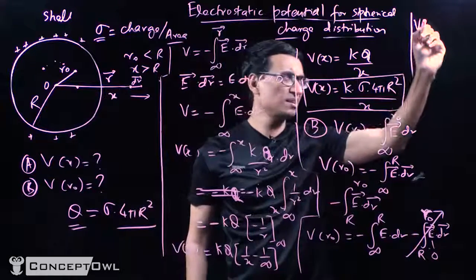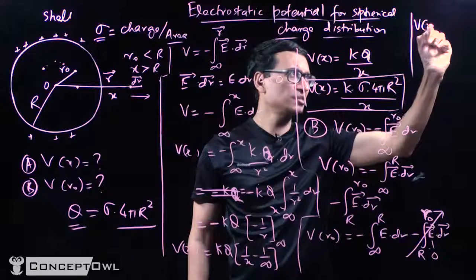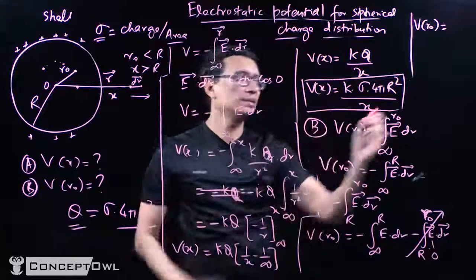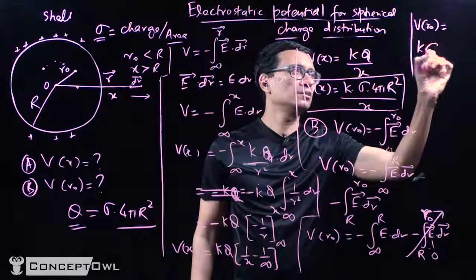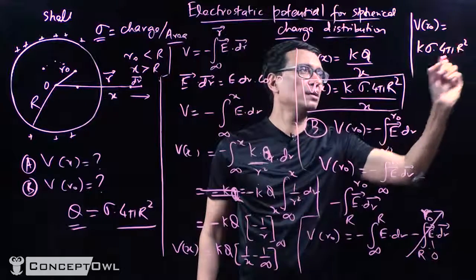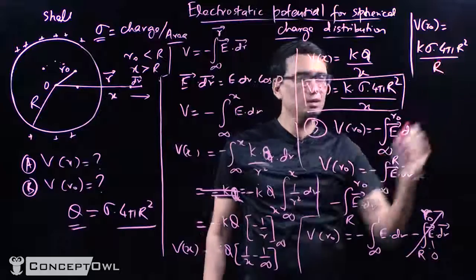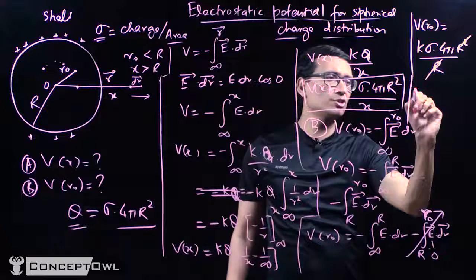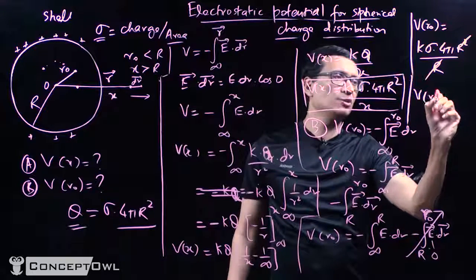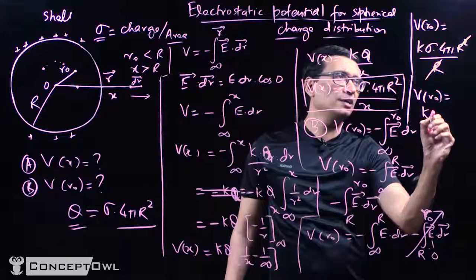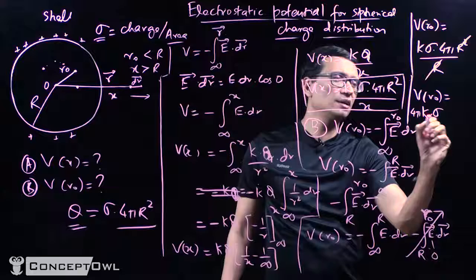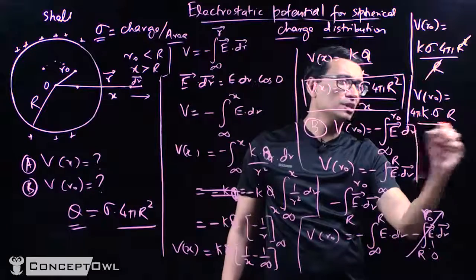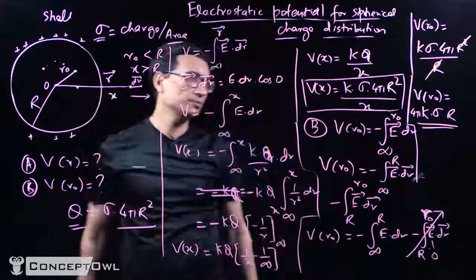So I can say that my V at R0 would be equal to the same result, but for x, I substitute capital R. So this would be K sigma 4 pi R square divided by capital R, and now cancelling one part of R, we get V at R0 equal to 4 pi K sigma capital R. This is the potential at this particular point.